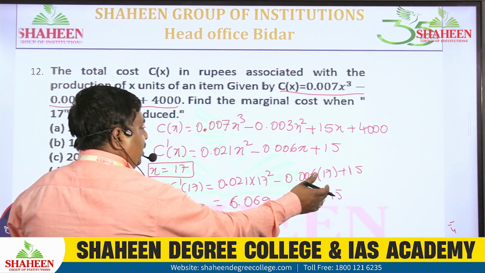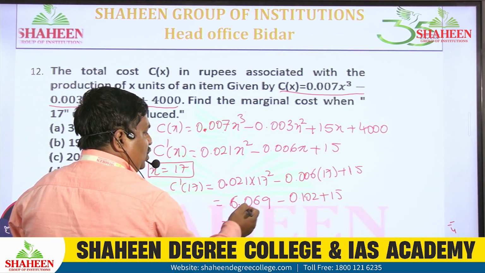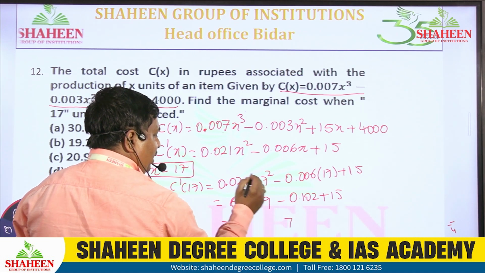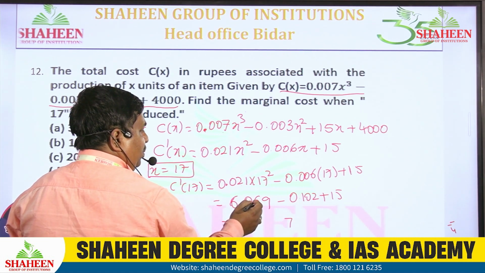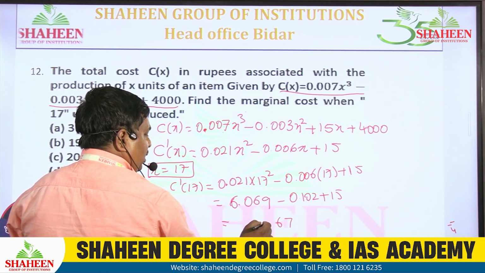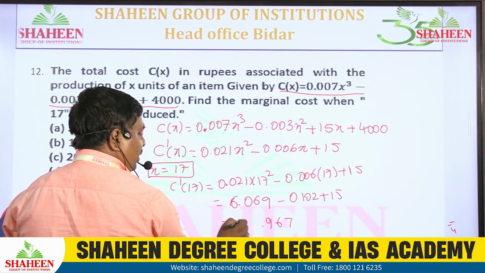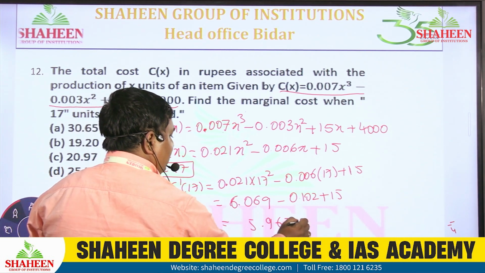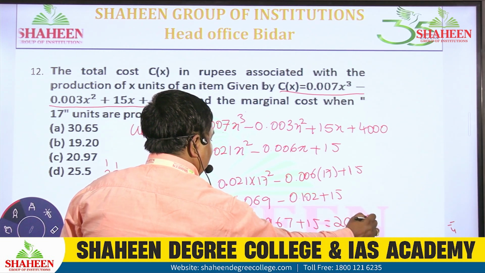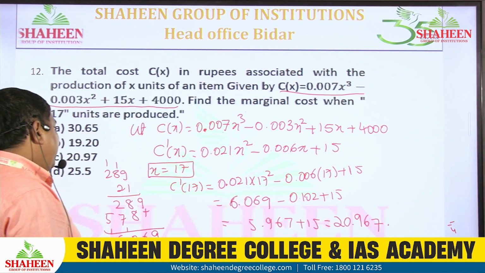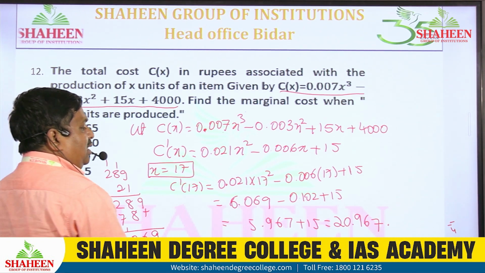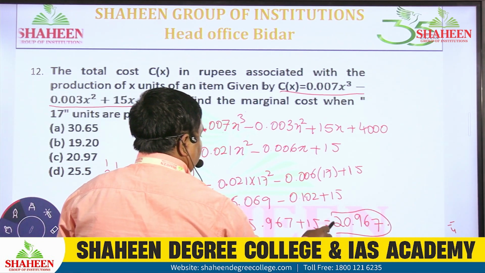On subtracting these two, 9 minus 2 is 7, 6 minus 0 is 6, and 10 minus 1 is 9, and 5 remains, so 5.967. Plus 15, this becomes 20.967. We are finding this value 20.967 in the options.